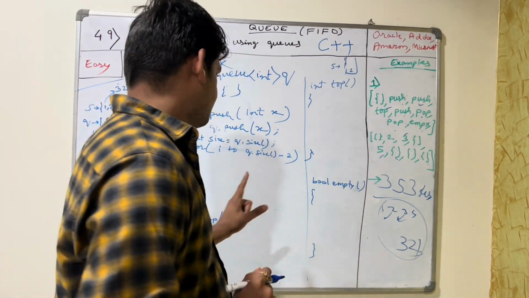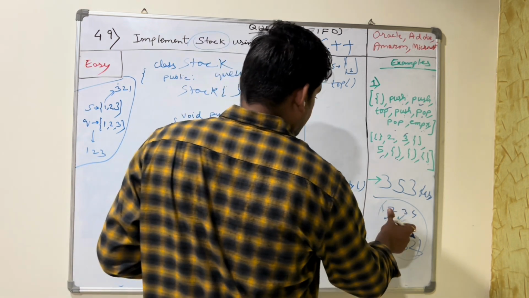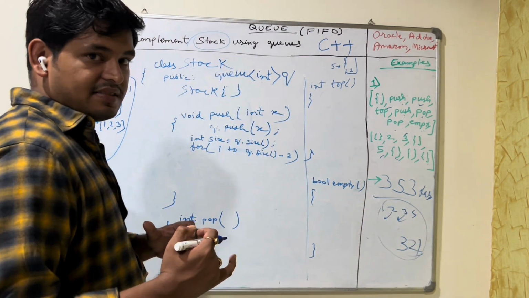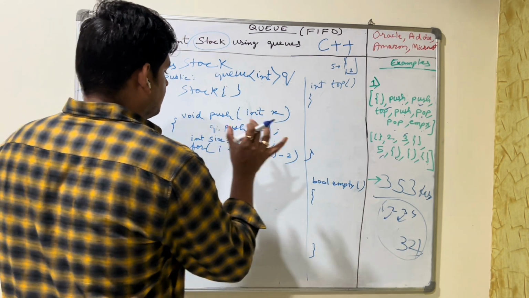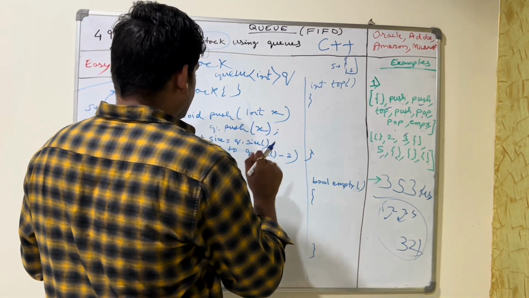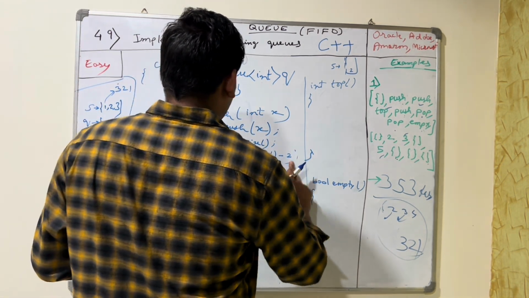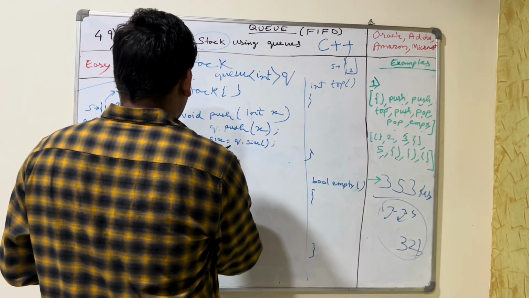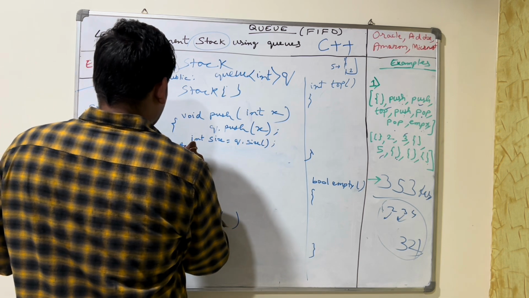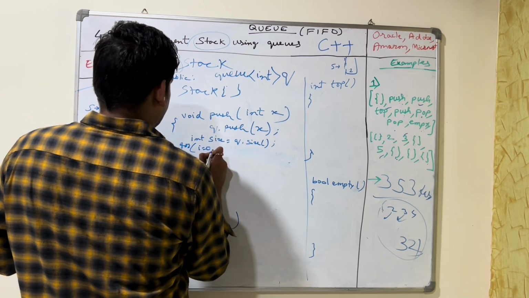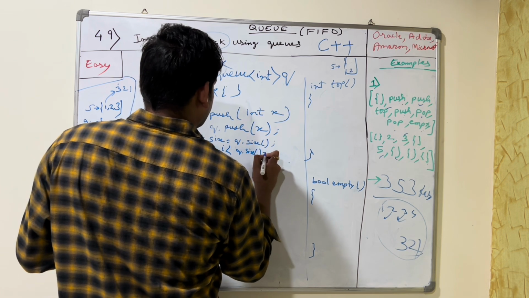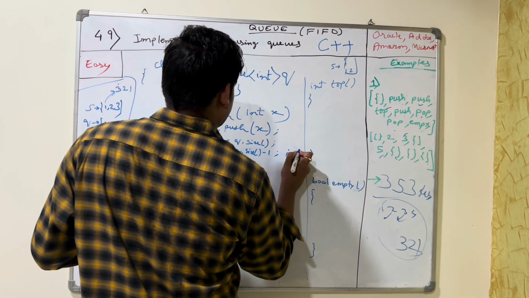You'll understand why. I don't want to run for 3, it's 1 lesser than the size, right? So if the size is 3, then I want to run it from, so I write the whole loop actually. Instead of doing the pseudocode, I'll write it like this. For i equal to 0, i should be less than q dot size minus 1, i plus plus. Okay.